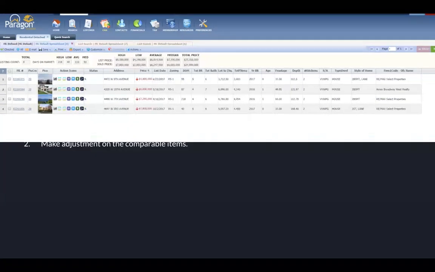The sold price is actually where the market trend information comes from. All this information will go to the REBGV website, the market stat center. If you look at the 4,000 square feet, those ones sold for 6 million, 7 million, and you have to adjust the size of your property compared to these properties.